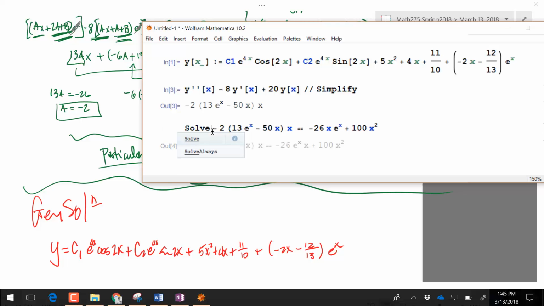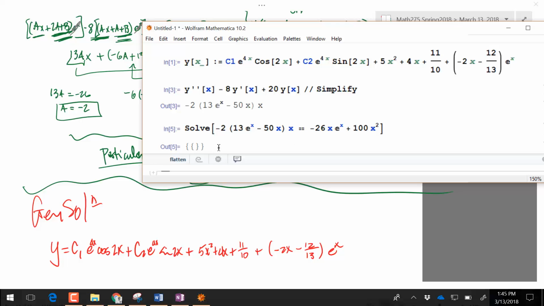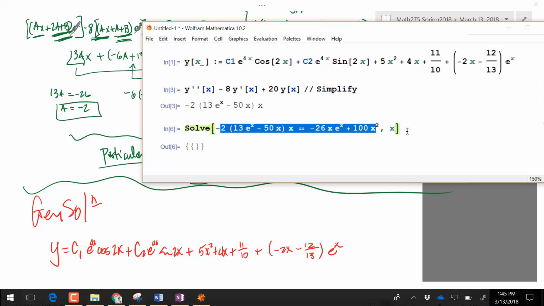Well, I think it's going to be more complicated. Let's see. It's equal. All right, so it worked out.